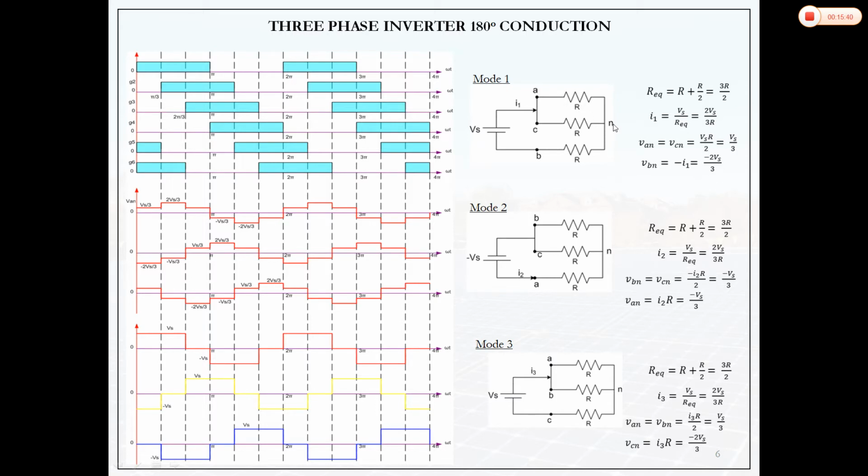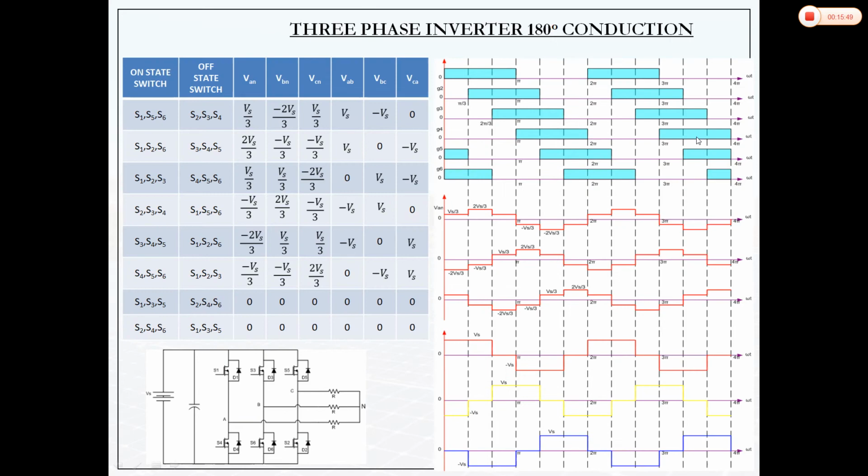So VAN is Vs upon 3 and VBN is minus 2Vs upon 3. You can see in this table VAN is Vs upon 3, VCN is Vs upon 3 and VBN is minus 2Vs upon 3. Similarly, you can draw the equivalent circuit for all the switching states.